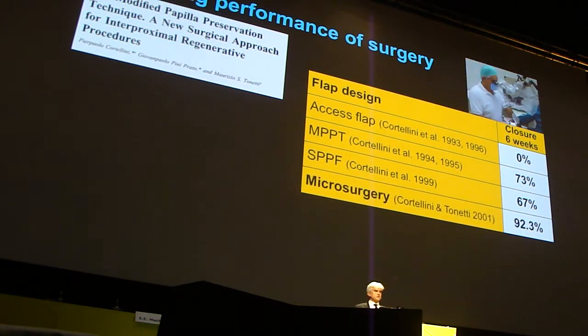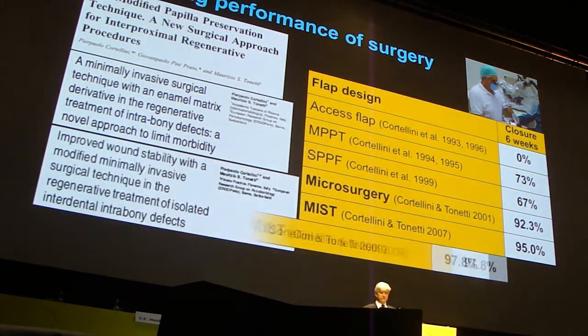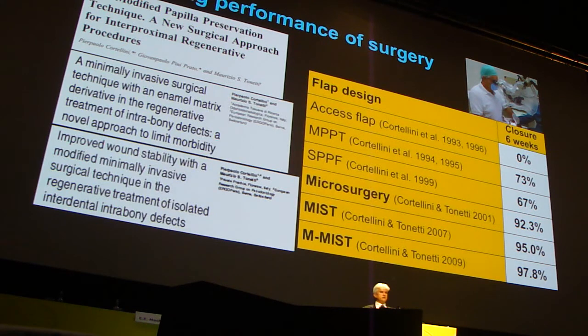This performance was increased greatly by using microsurgery to more than 90 and became better and better with minimally invasive surgical procedure. We are now applying flaps that basically do not fail on top of regenerative material.